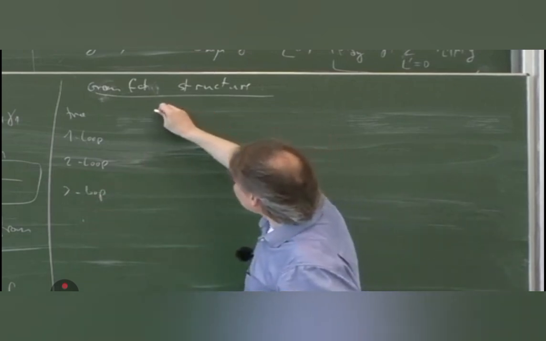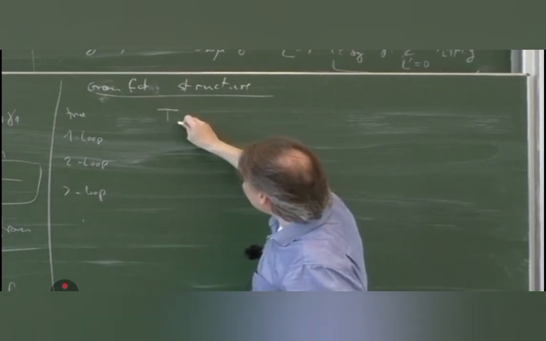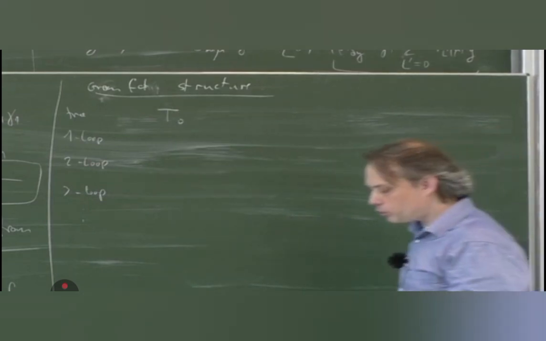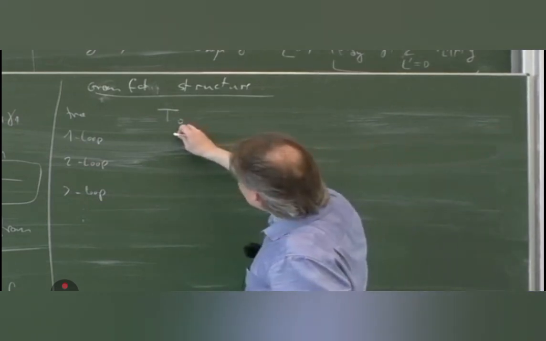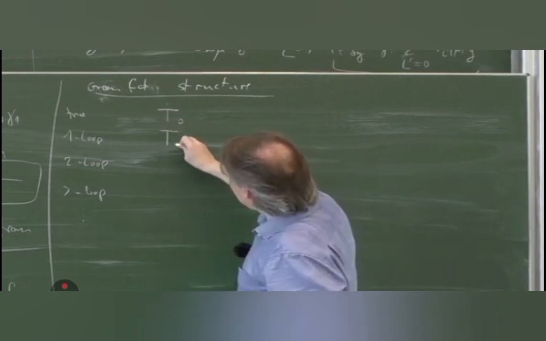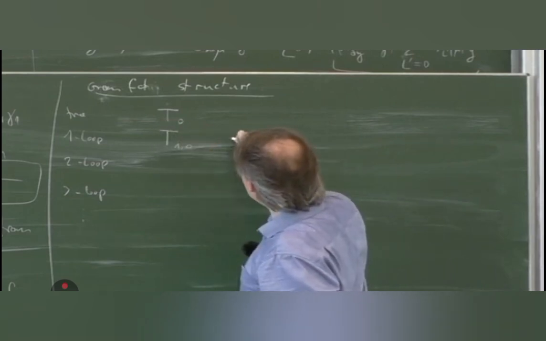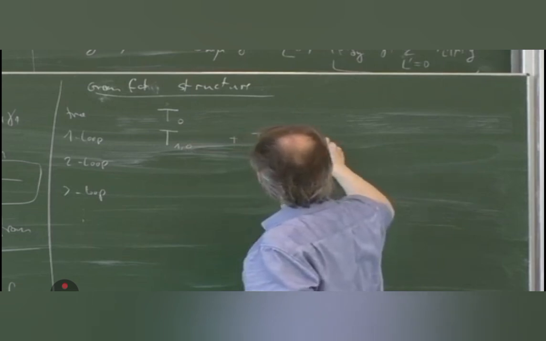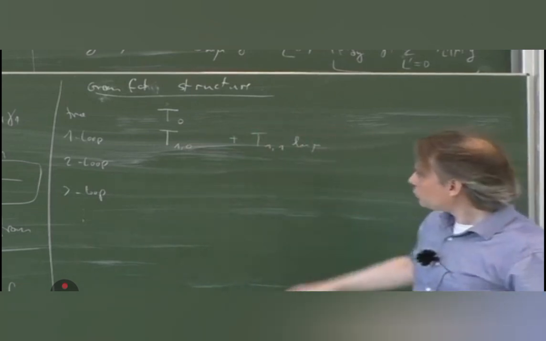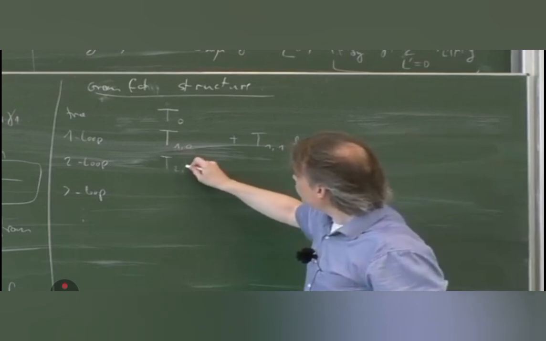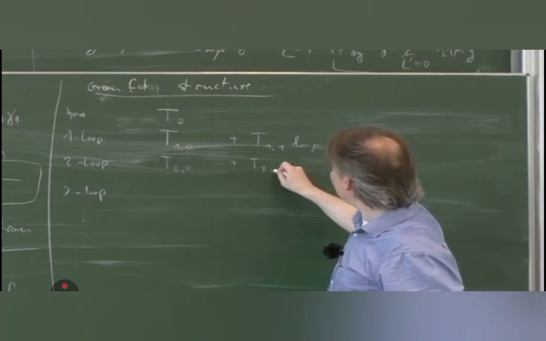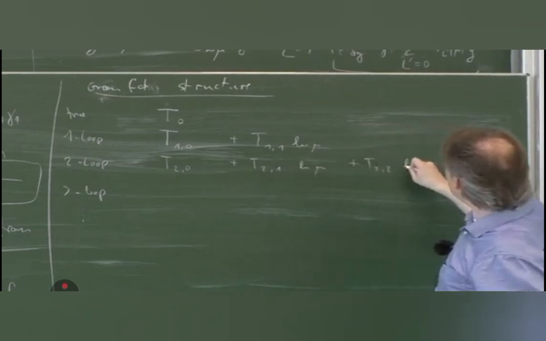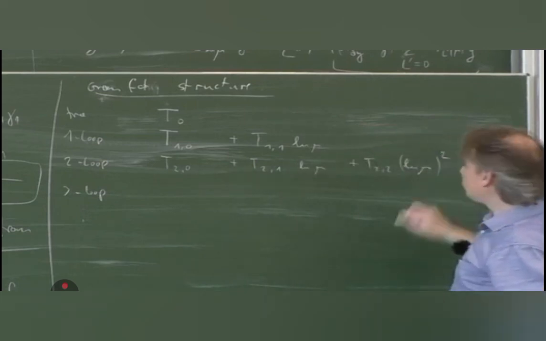At the tree level, we simply have P0, which is constant, which doesn't even depend on the log. At the one loop level, you have P1,0 plus P1,1 times L mu. At the two loop level, you have P2,0 plus P2,1 L mu plus and so on.